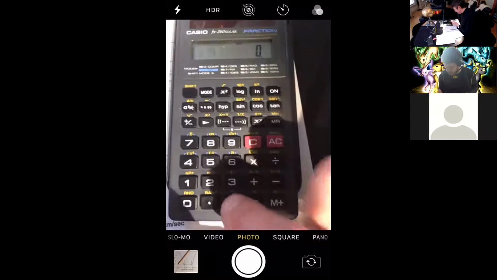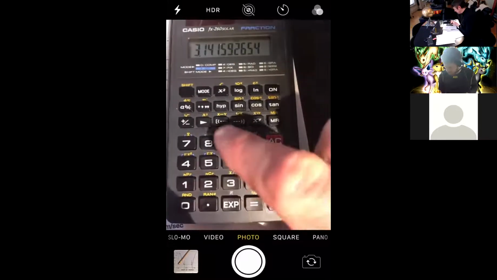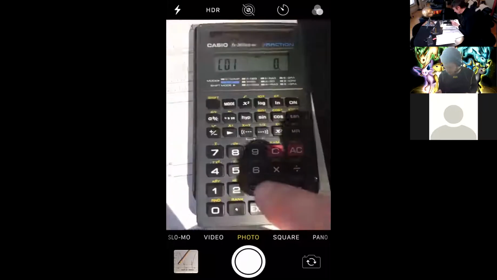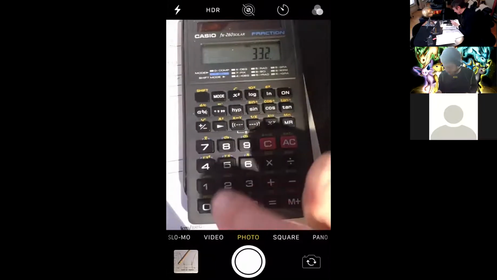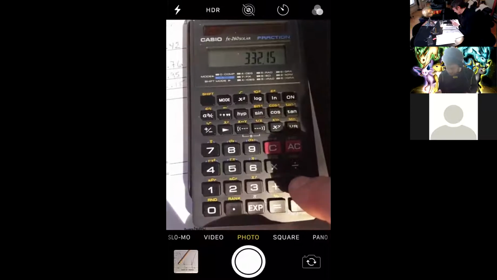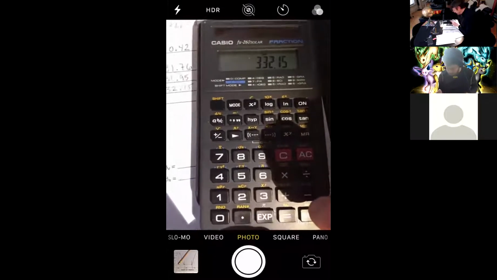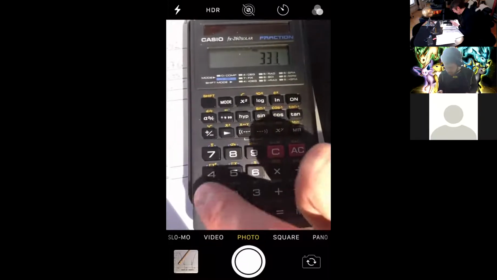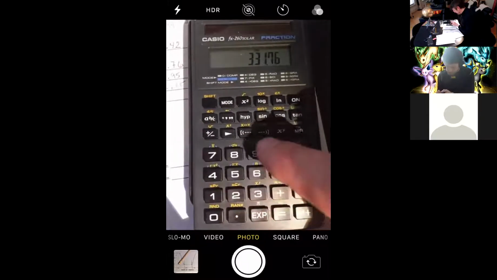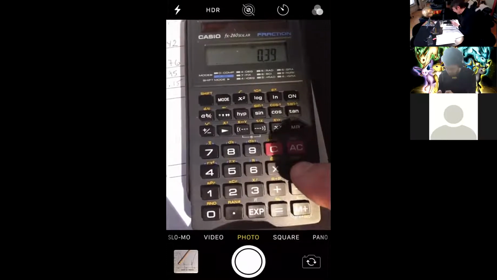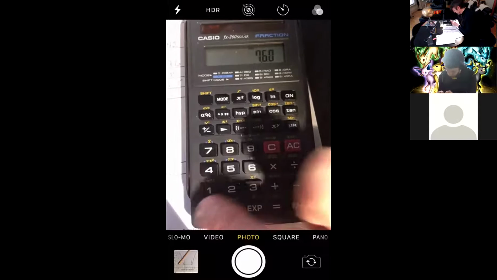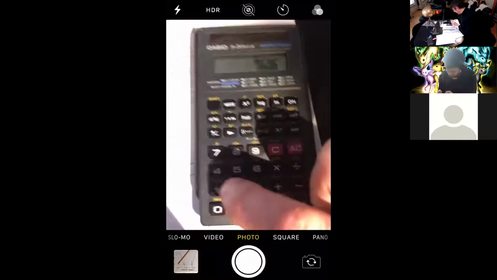Let's do it together, okay? Pi times open parentheses 332.15 minus T1, 331.76, close parentheses, divided by the period, which is 7.60614.